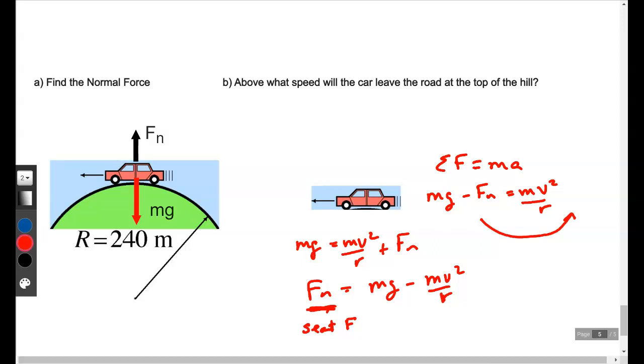So the question is, at what speed will the car leave the road at the top of the hill? What minimum speed? Let's add minimum. So that's where the normal equals 0. Let's write when normal equals 0.